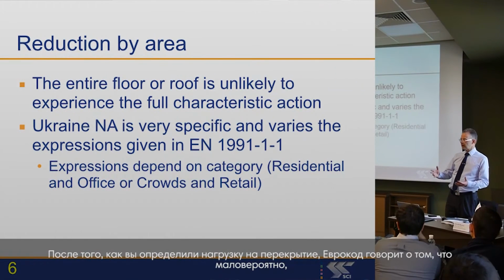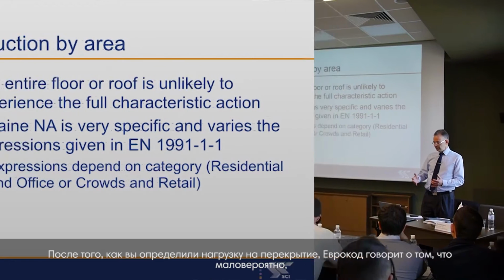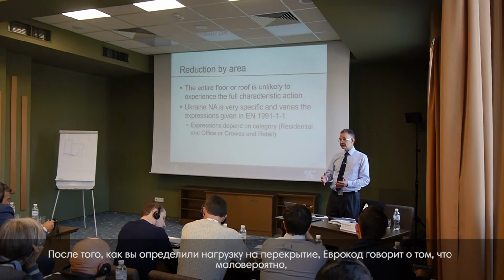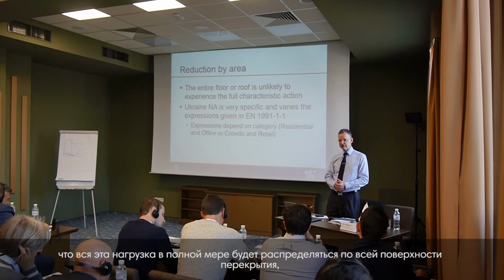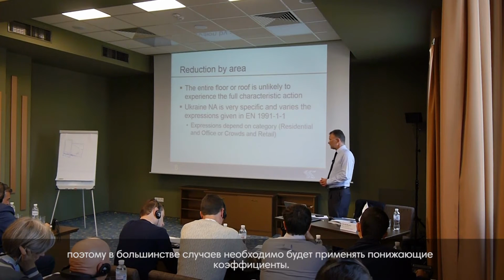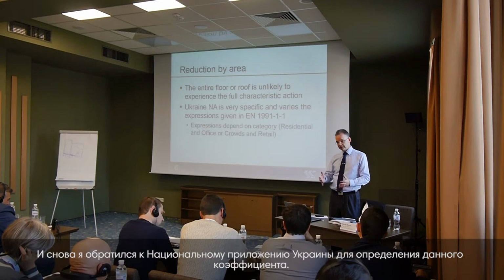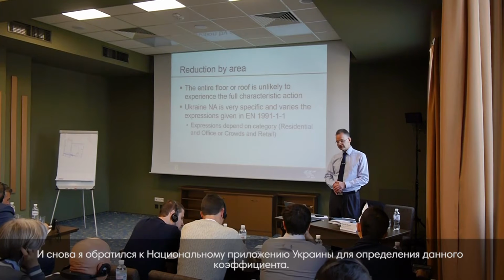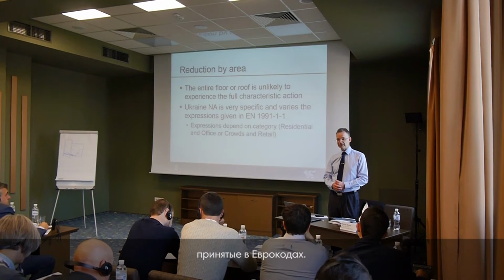Okay, so having determined the load on a floor, the Eurocode says it is unlikely that all of the floor will be exposed to that full load. So if you have a large area, there are reduction factors. The larger the area, the more reduction there is. And again, I looked in the Ukrainian National Annex, and this is one good example where your National Annex changes the Eurocode recommendations.